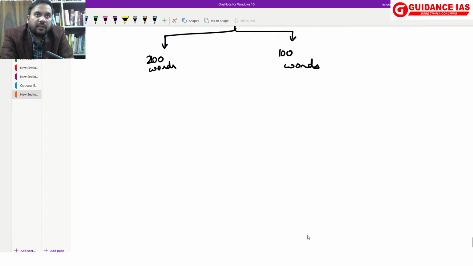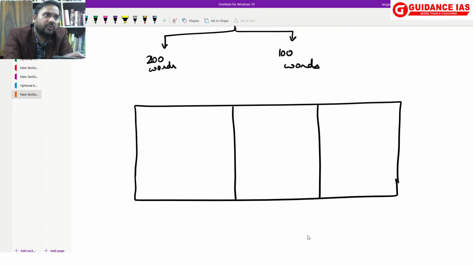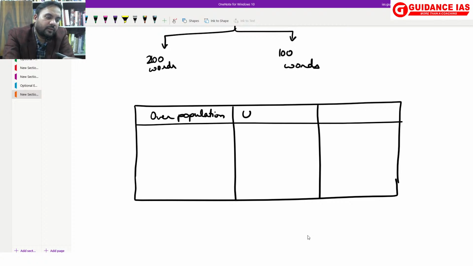definition of over, under and optimum population, can I say कि I could have used a kind of any diagram, simple diagram भी हो सकता है, like what is over population, under population, optimum population.